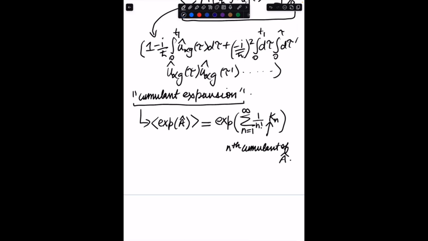So we are going to use the second order cumulant approximation here. So we only consider cumulants up to second order of this operator A. So we use this, where we believe that the expectation of the exponential of some operator A is equal to the exponential of the cumulants of that operator A. So you can take a ln of the expression on both sides.